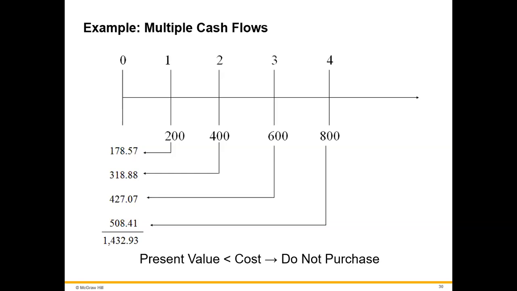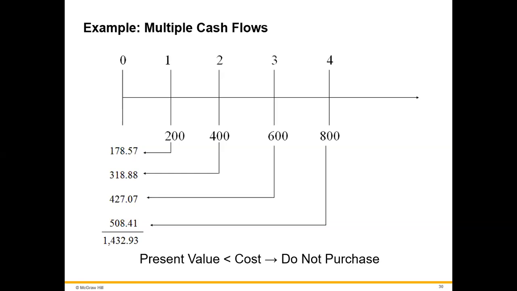The next payment would be $200 more, or $400, then the next payment would be $600, and then the next one, $800. What you need to do is calculate what those future payments are worth today. So you would take the future value divided by 1 plus the interest rate of 12% for year one, which gives 178.57.